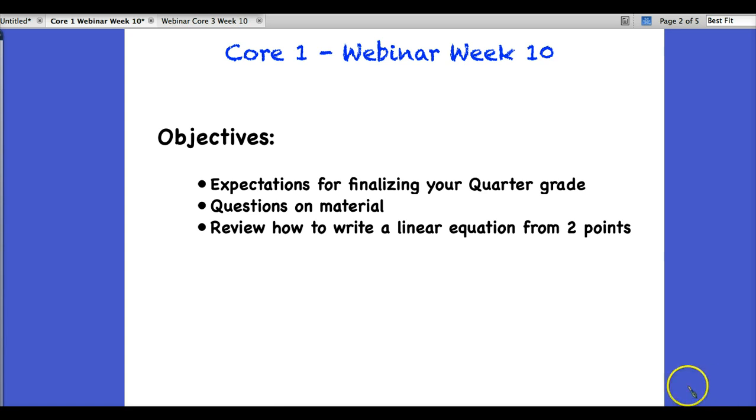So in week 5, there is the mid-unit exam, and everybody needs to take that, right? Because even if you started late, we're in week 10 right now, you would have to start 5 weeks late, and you'd still be on target to take the mid-unit exam. So everybody needs to take that in order to get a quarter 1 grade.